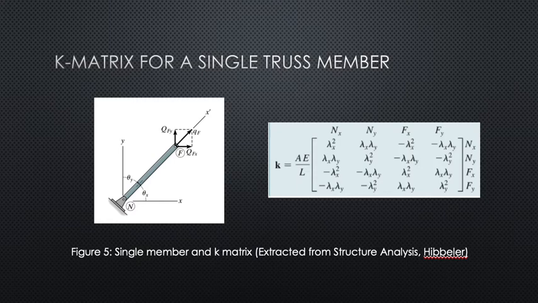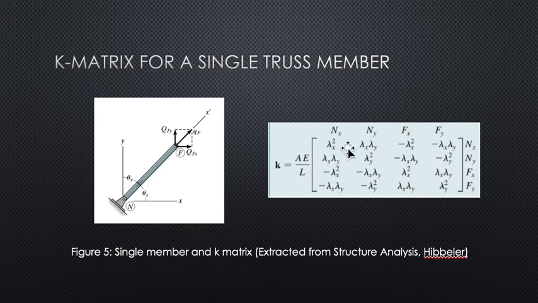In order to get the big Q matrix, one should always start with the small Q matrix, and then the K matrix. And then you can see here, if we are looking at one of the maybe a small member, we can determine the small K matrix, which is shown right here, and it is extracted from the structural analysis textbook.